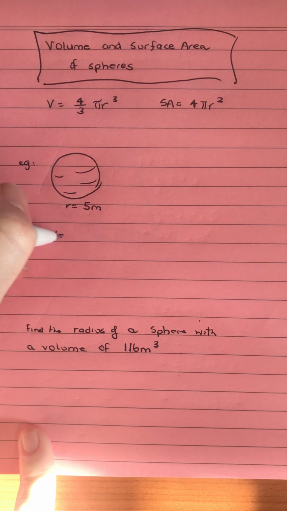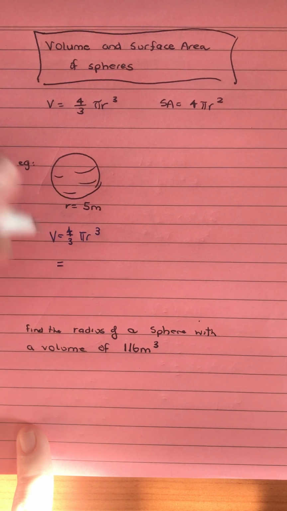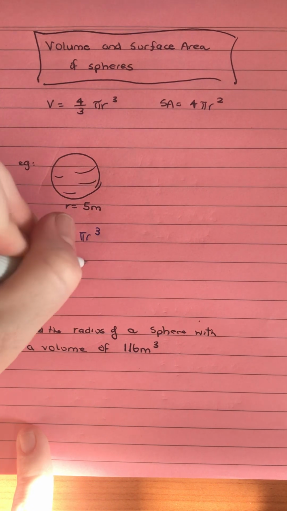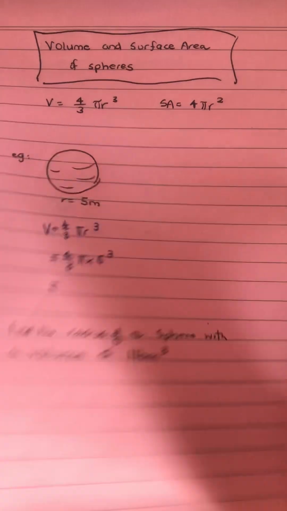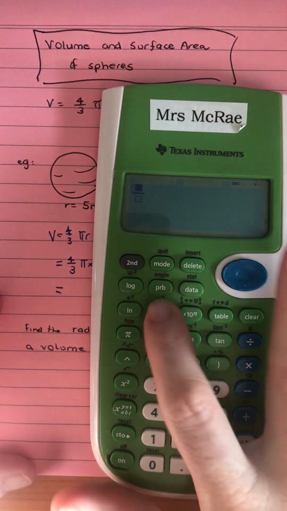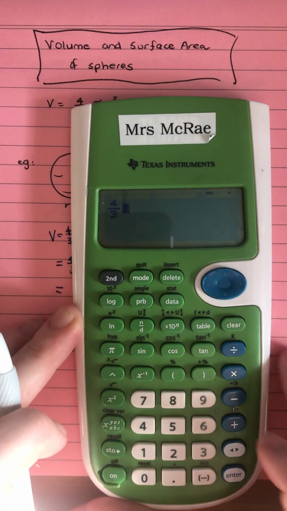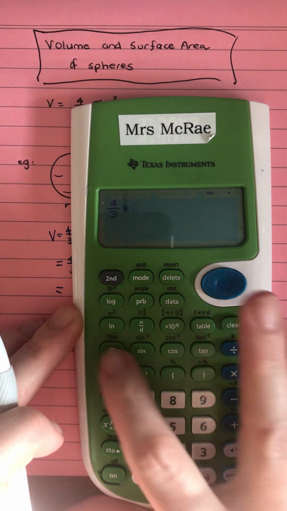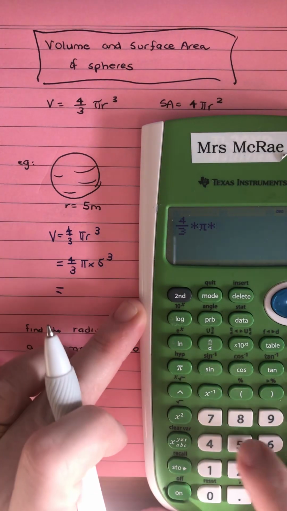So our volume is 4 on 3 pi r cubed. So we're popping in there 4 on 3 pi times 5 cubed, and we can pop all of that in our calculator in one go. So we've got our fraction button, 4 over 3, arrow across, times pi, times, and that's 5 to the power of 3.